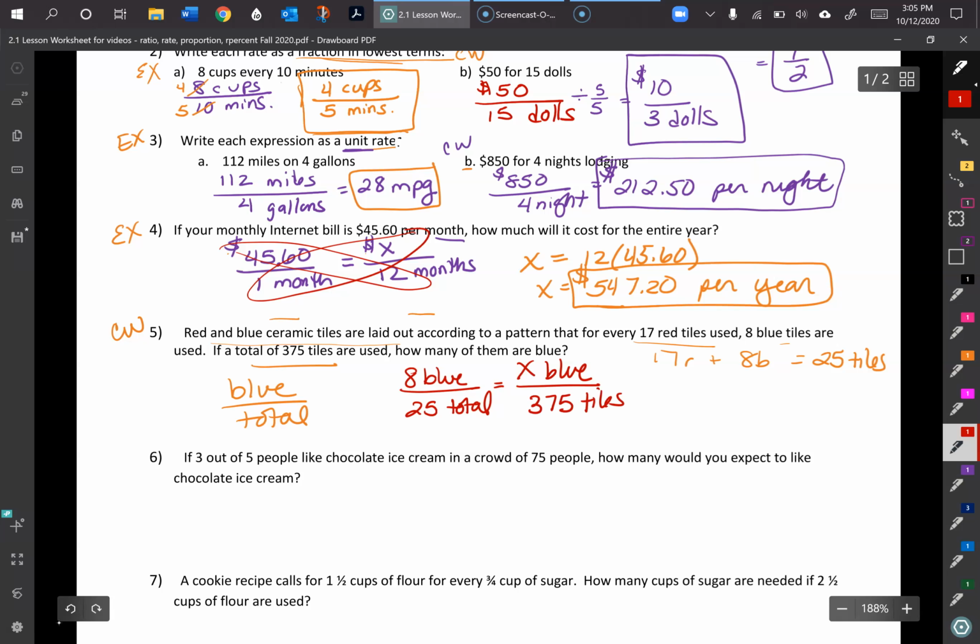So the red was given to us so we could figure out how many total tiles we're putting down compared to that 8 blue. So now we can cross multiply like we did earlier, which means I'm just going to multiply across the equals on the diagonal.